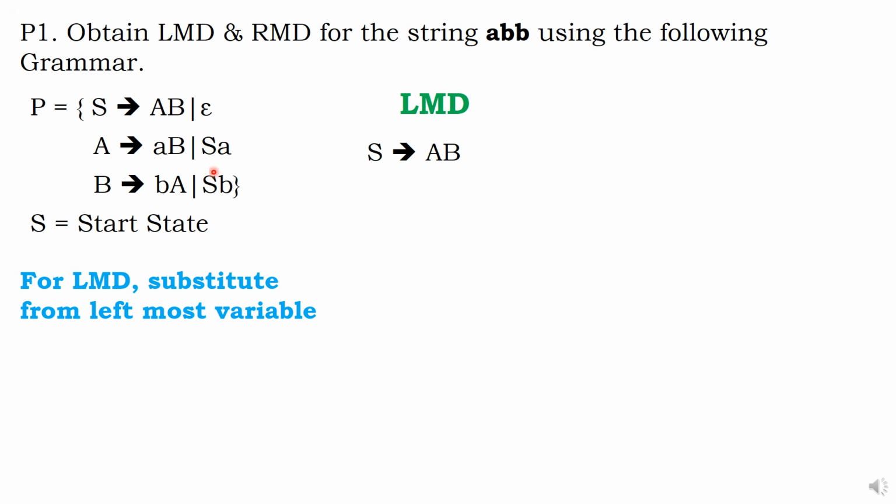If you replace small letter a, capital letter B, again capital letter B will come. Am I right? Then this B you can replace by SB because I need B, and that S can be killed using epsilon. Again this B can be replaced by SB, that S can be killed by epsilon. Or else this A you can replace by SA and kill S by epsilon. Anything you can do. It's left to you.